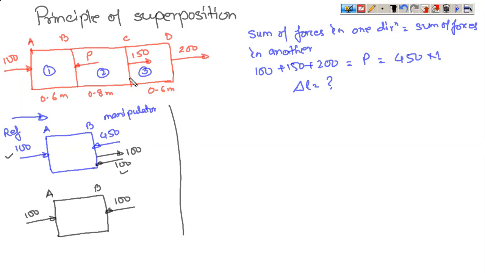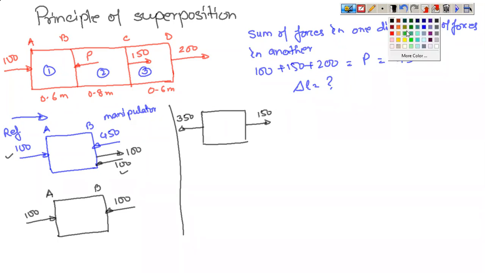आ जाइए दूसरे हिस्से पे. दूसरे हिस्से पे आएंगे, let us say BC. So if you come to BC, so here this 100 has been used, so you have 450 here and 100 here is actually 350 here. 450 in this direction, ये 100 तो यहाँ यूज हो गया. 450 in this direction and 100 in this direction is actually 350 in this direction. और दूसरी तरफ है आपका 150.